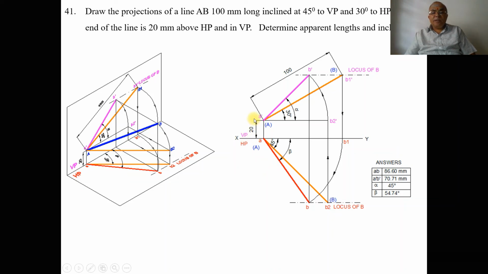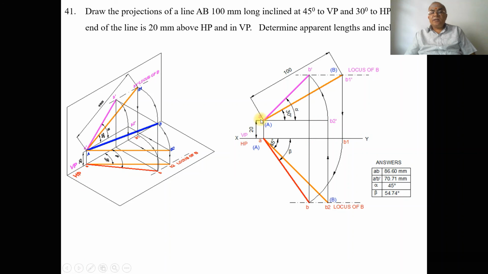A dash is above HP by 20 mm, so B2 dash should also be above HP by 20 mm. Then only A dash B2 dash is the line which is parallel to XY line in the front view. So you project from B2 till the locus of A in the front view. So join A dash B2 dash. A dash B2 dash is the front view for the top view true length.